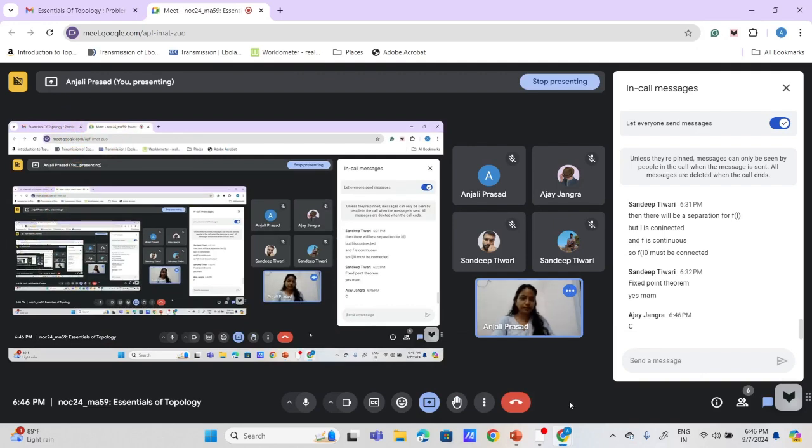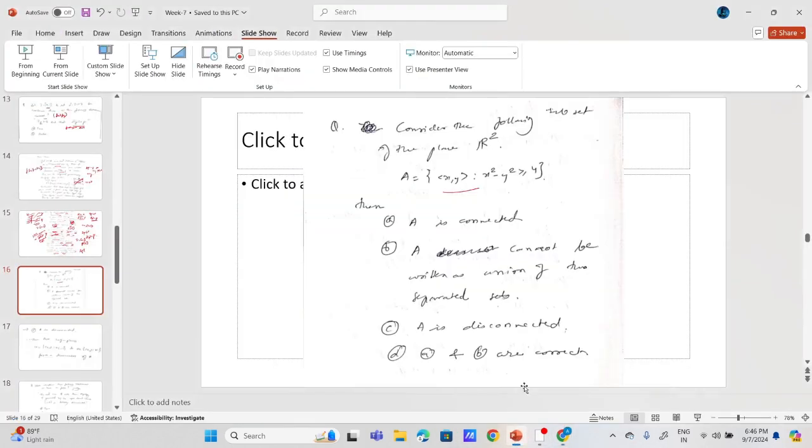Saying option C. Okay. Can you justify it?